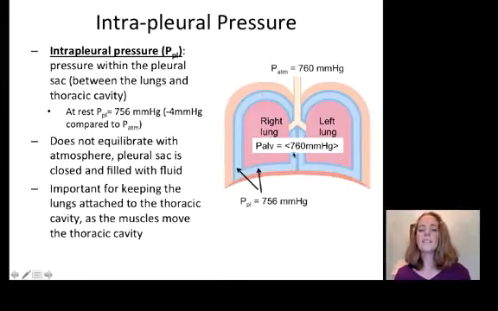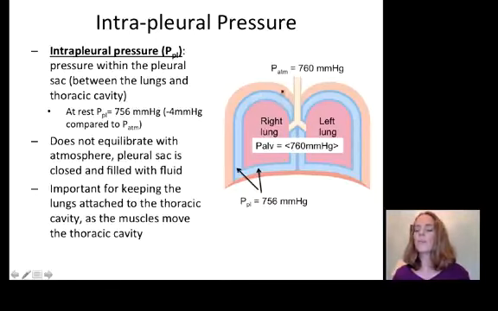This is a serous membrane that secretes fluid, so there is fluid surrounding the lungs, which keeps the lungs tight against the chest cavity, but also reduces friction between the lungs and the chest cavity. So what happens here is that the pleural sac is completely closed to the atmosphere. All of this blue space is its own sac.